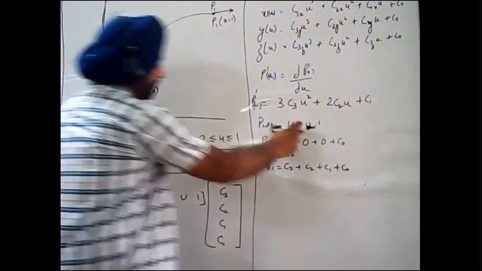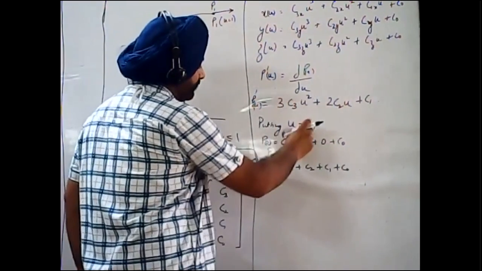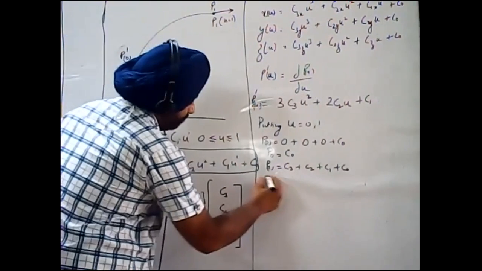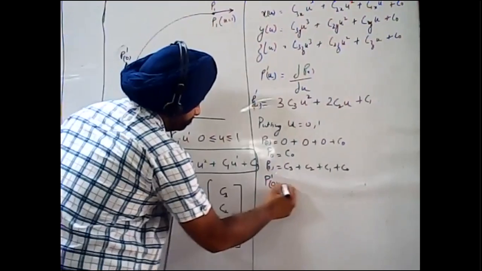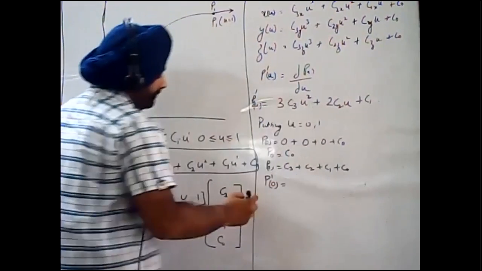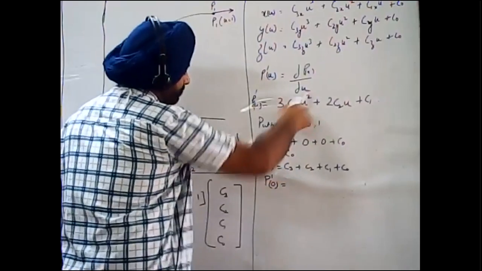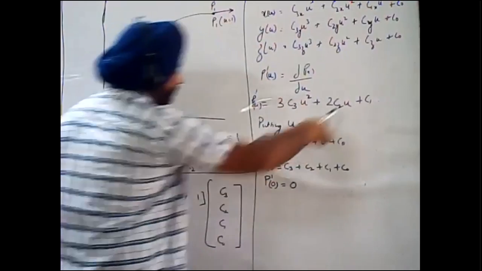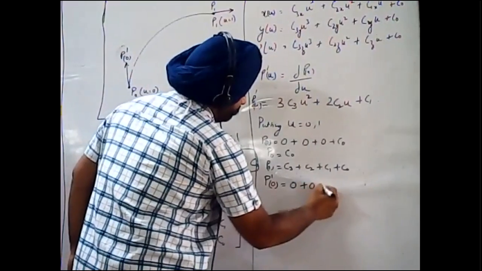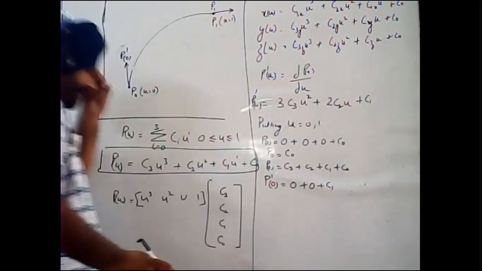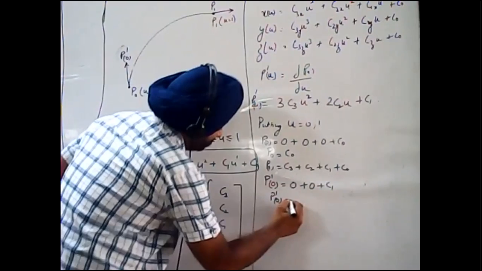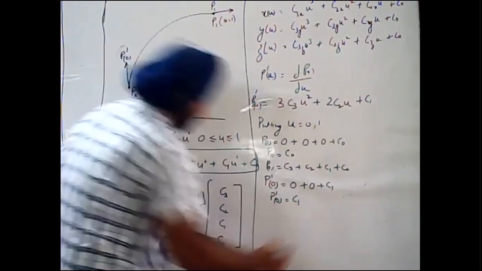Similarly, you have to put the value of u equal to 0 in this equation and u equal to 1 in this equation. Now P dash 0, this is P dash u, putting u equal to 0. Now this equation will become, if you put u equal to 0, this will become 0. This will also become 0, plus C1. Now you can find P dash 0 is C1.